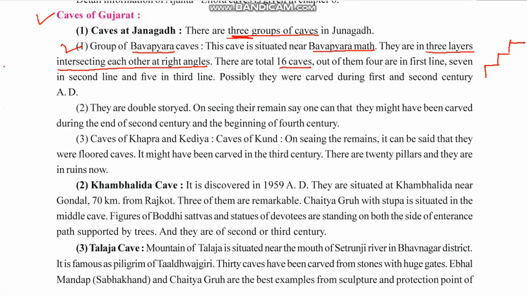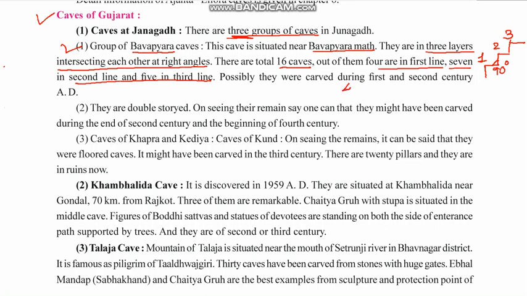That's why there are three layers: the first layer, the second layer, and the third layer, and they are intersecting each other at 90 degrees, which means at right angles. There are a total of 16 caves. Out of them 4 are in the first line, 7 in the second line, and 5 in the third line.